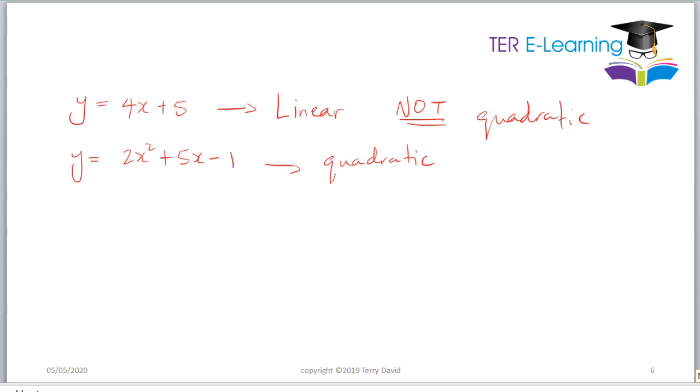Now let's get back to this. So this equation here is a quadratic. What about if we have something like this? x squared minus 9. What type of equation is this?